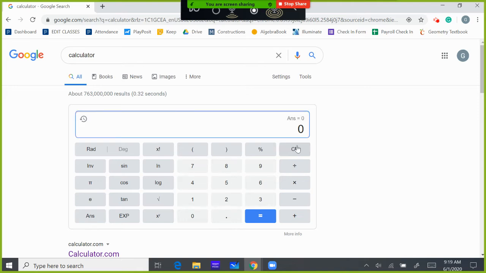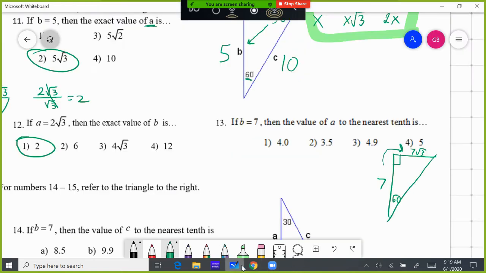So first I'll find the square root of 3. Okay, you can see it all. So 7 times the square root of 3 is 12.1. It said round to the nearest 10th. Oh yeah, this is the one that had a typo. So none of these answers are correct.